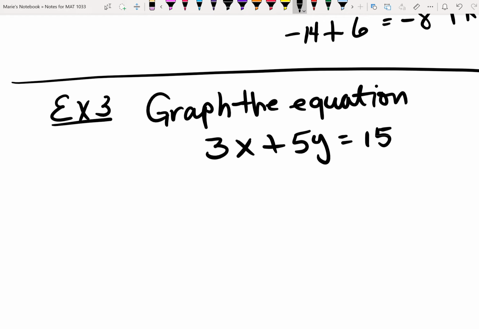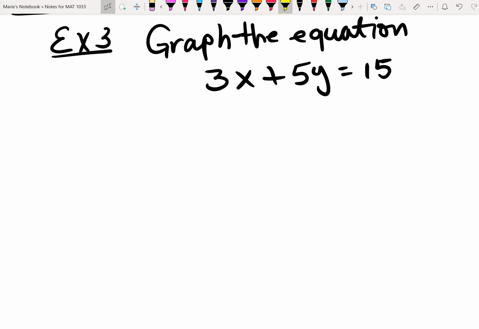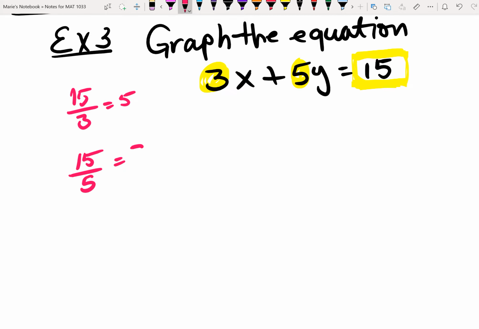Now one of the things that I will suggest to you is, if both of these numbers divide into this number evenly, so the answer is yes. So if I take 15 and I divide it by 3, I get 5. If I take 15 and I divide it by 5, I get 3. Now just for the record, these numbers are interchangeable in any fraction, regardless.